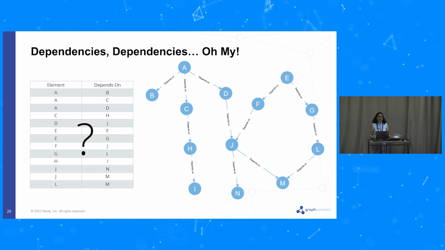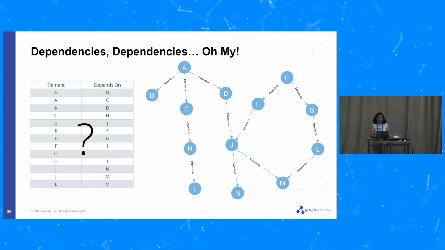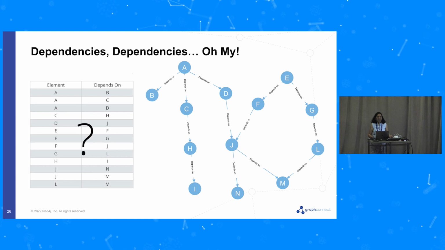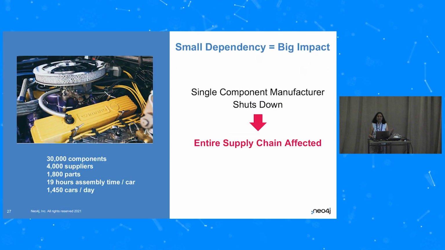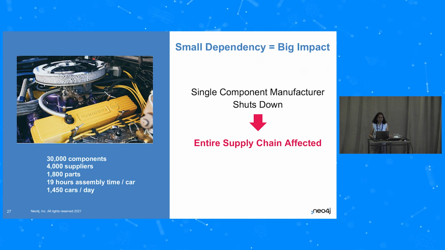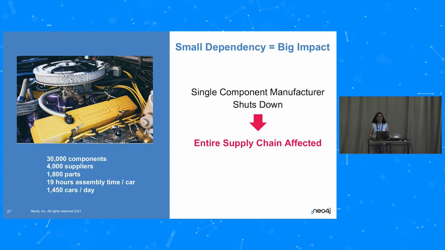All right, okay, so this is a fun exercise, but what is the real business value behind this? And I'm going to use the building of a car as the example. Every car consists of about 30,000 components, and these components come from 4,000 odd suppliers around the world. And they go towards the building of 1,800 parts.